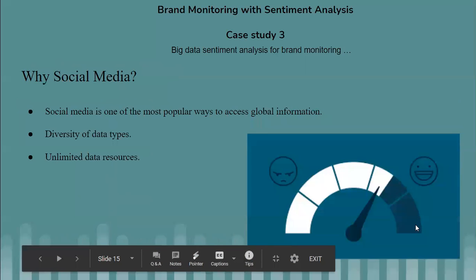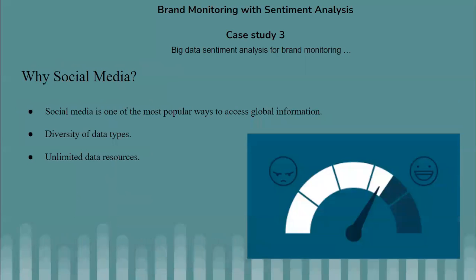So why social media? We know that understanding other people's ideas has always been the key to decision making. Before a company releases certain products, they need to ask consumers for their opinions. Social media is one of the most popular ways to access global information, which makes it an excellent platform for collecting data.